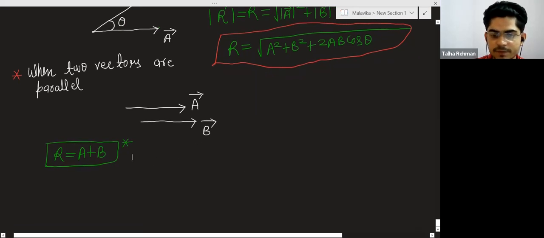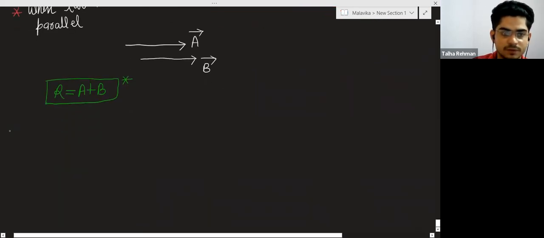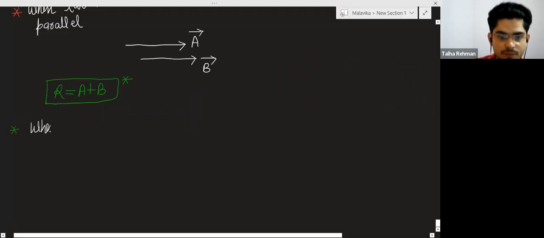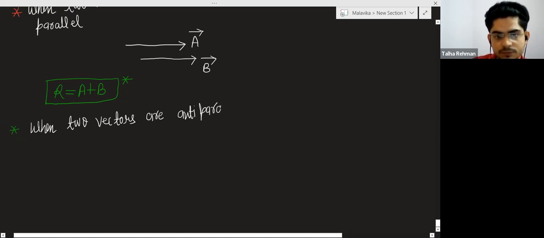In the same way, when two vectors are anti-parallel: this is parallel, this is anti-parallel.